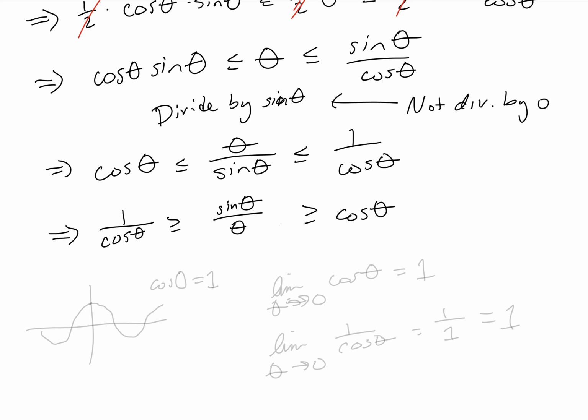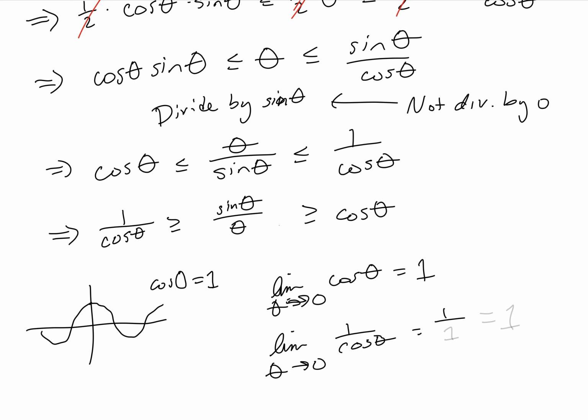Let's now think about what happens to each of those as theta goes to 0. So we know that cosine looks like this, and we know that cosine of 0 is equal to 1. So the limit as theta goes to 0 of cosine of theta is equal to 1, and the limit as theta goes to 0 of 1 over cosine of theta, that's 1 over 1, and that's 1 as well.